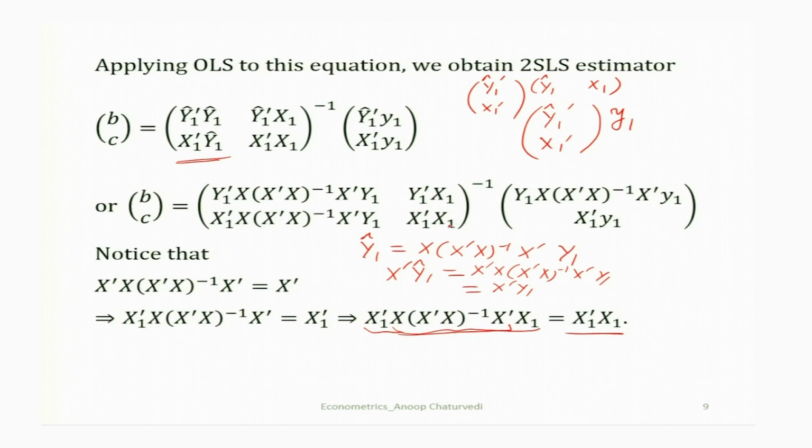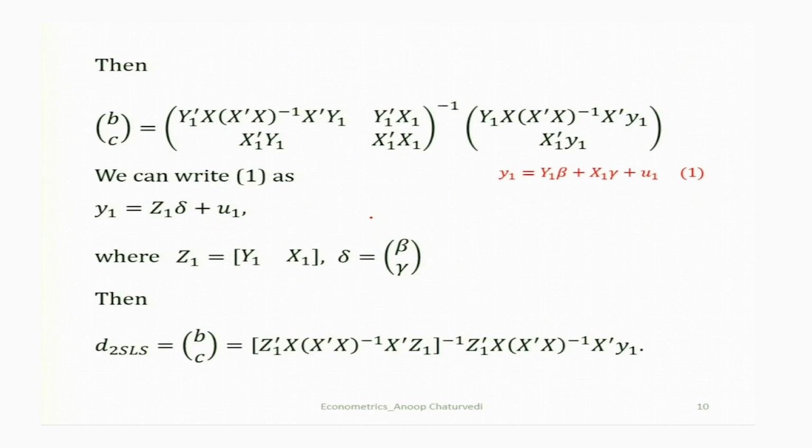And here you have x 1 transpose x 1. Then y 1 hat transpose small y 1, you just substitute the value of y 1 hat here, you get this expression, and then you have x 1 transpose y 1 here. So, further we solve this equation. So, this is equal to x 1 transpose y 1. So, you get B C equal to this expression.